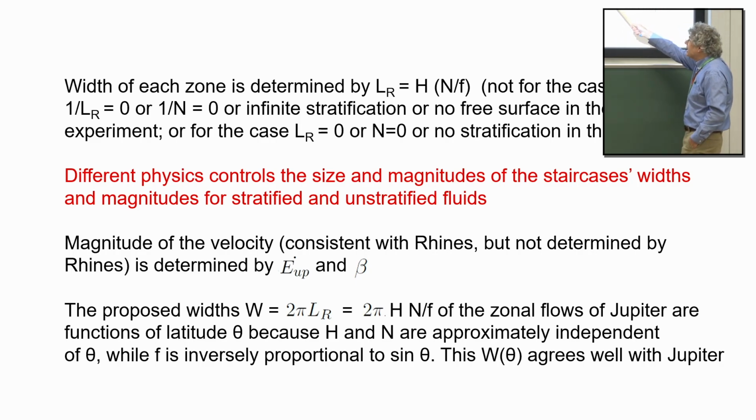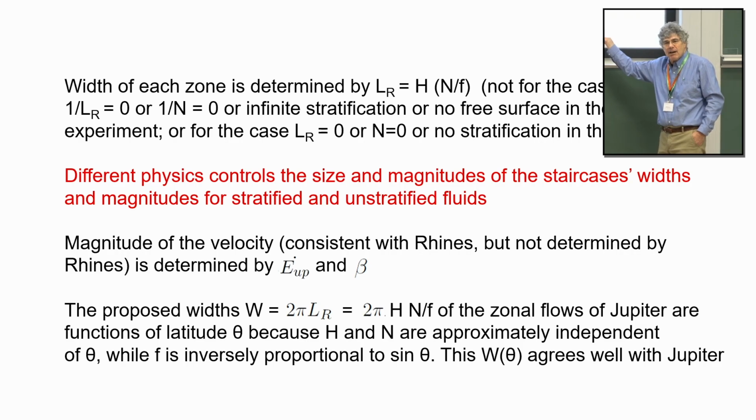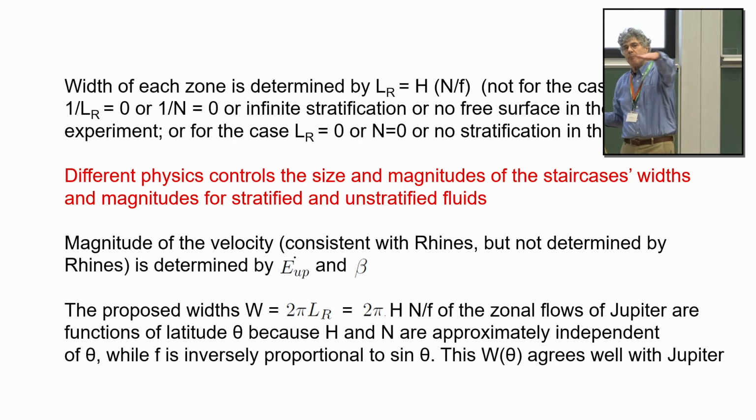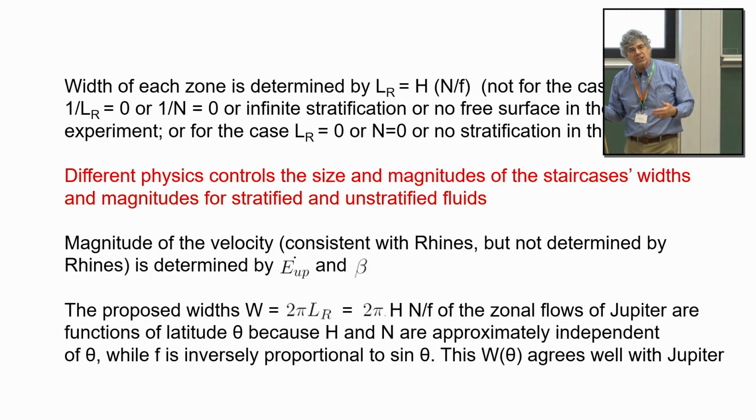And that quantity is the vertical pressure scale height. So when I look at the clouds from, say, the Hubble Space Telescope, at that level, regardless of latitude, H is pretty much the same, about 32 kilometers.